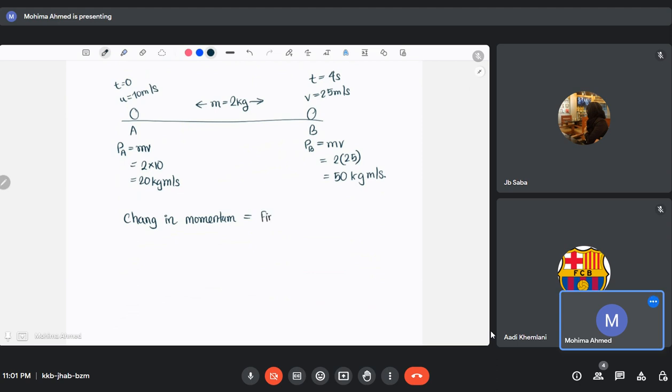So final momentum minus initial momentum is PB minus PA. We calculate 50 minus 20, so you will get 30 kg m/s. Now you can clearly see that change in momentum, or momentum as a separate concept, doesn't have any different unit. They all have the same unit. Change in momentum can also be written as m delta v.